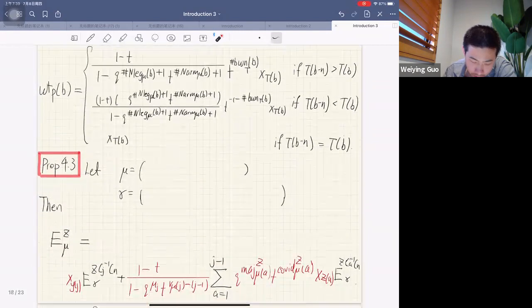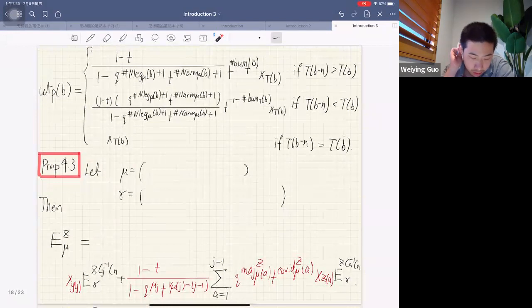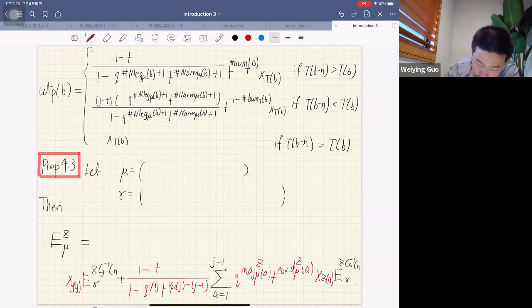Now let's look a little bit at the proof of our box-by-box recursion, which is stated here. The important factor is that each time we are actually removing a box. For example, for mu equals 0, 0, 0, mu_j, and so on, mu looks like this.